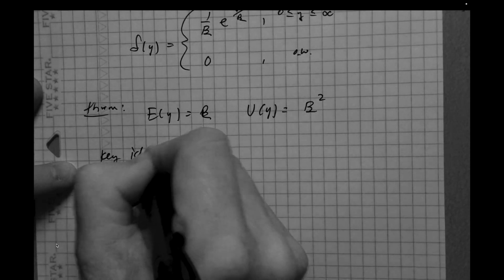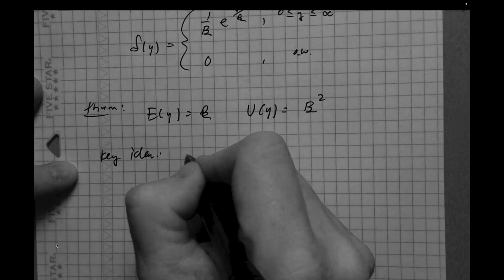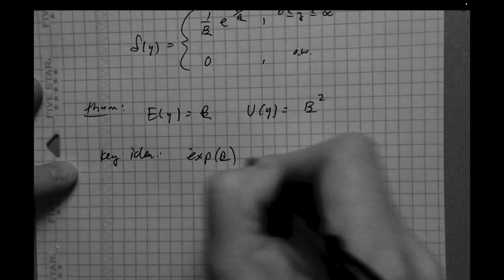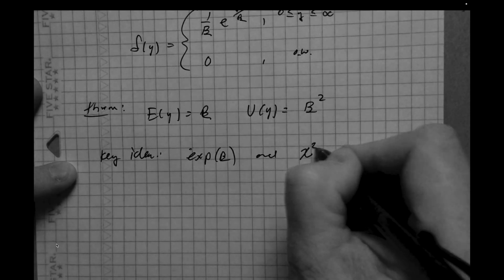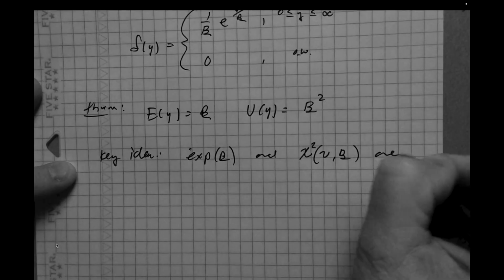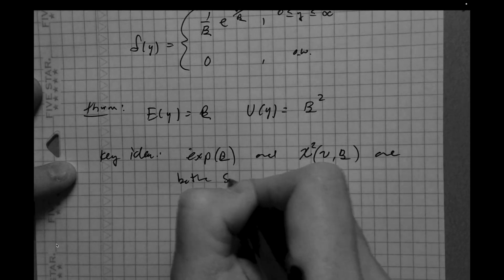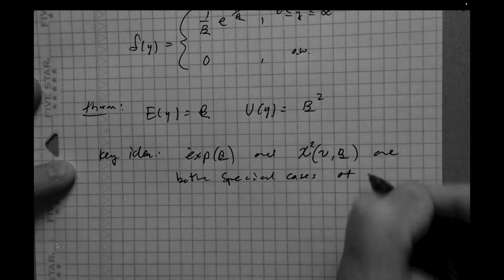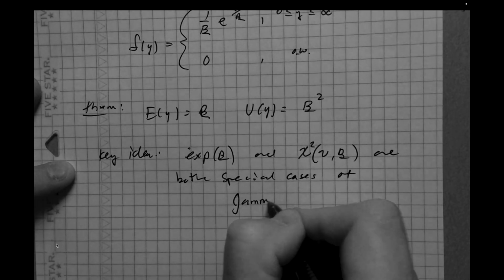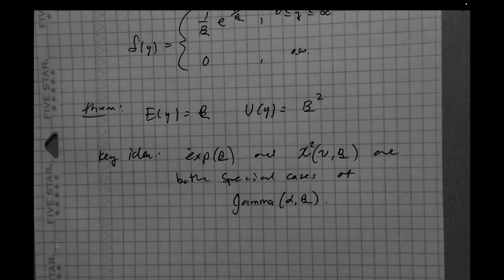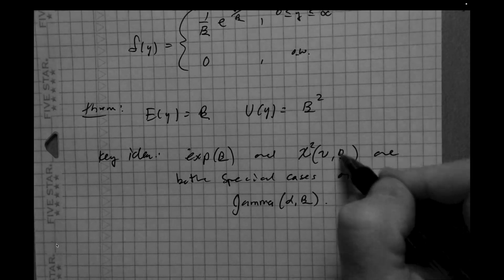A key idea is exponential beta and chi-squared nu are both special cases of gamma alpha beta. Oh, sorry, this is chi-squared nu.